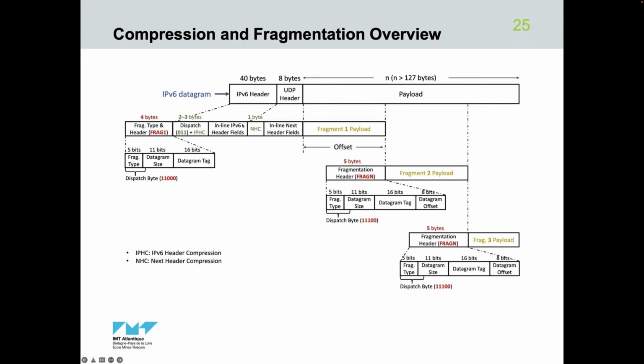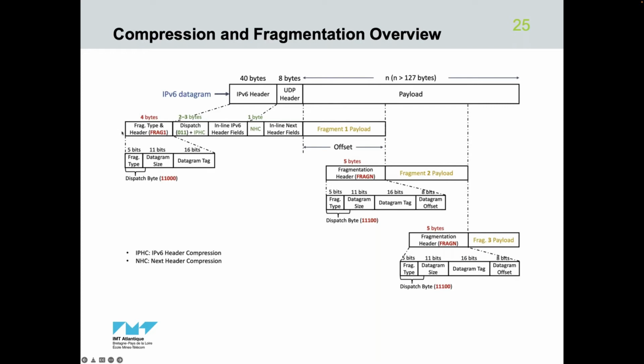Then if there are IPv6 header fields that cannot be compressed, as we are going to see later in detail, these fields must be carried inline. Similarly, we have the same process for the next header compression, and more specifically for the UDP header. In the very beginning, as you can see here, we have what is called the frag1.